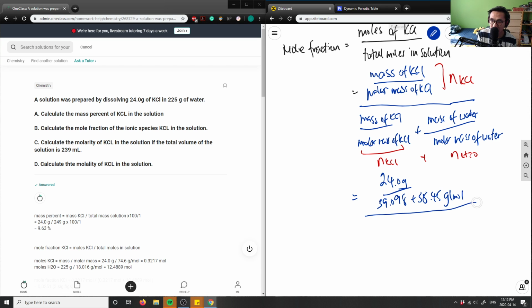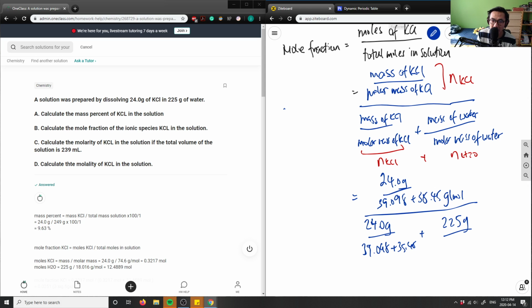So that's going to be divided by the same thing. This is 24.0 divided by 39.098 plus 35.45. Then I'm going to add the moles of water. I have the mass of water, which is 225 grams, and I'm going to divide it by the molar mass of water.